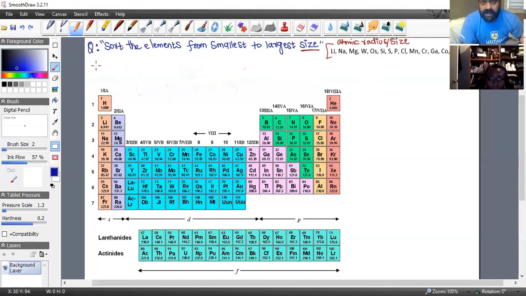Another thing is they are confusing the size with the ionization energy. I'm going to write the rule one last time here, because everything we do tonight is going to be opposite. Atomic size generally increases from top to bottom in the periodic table.